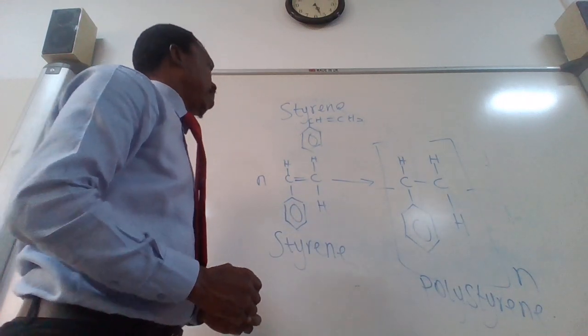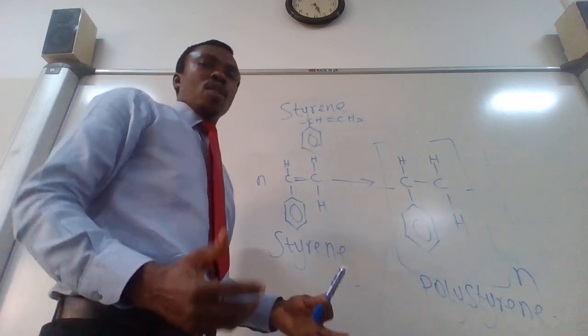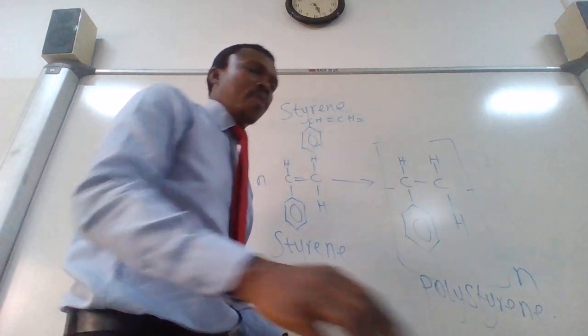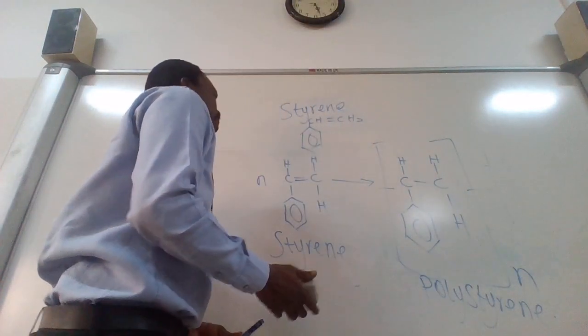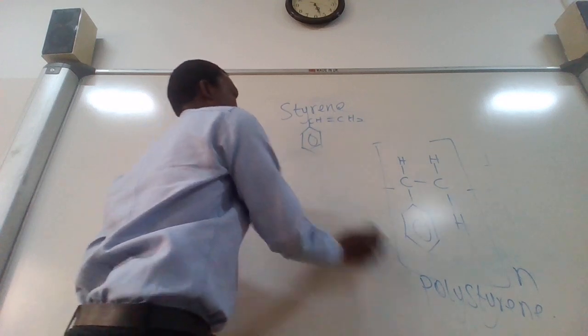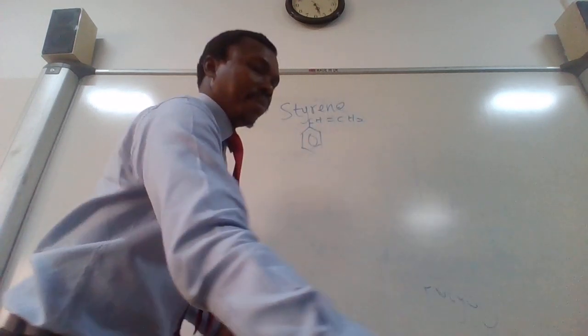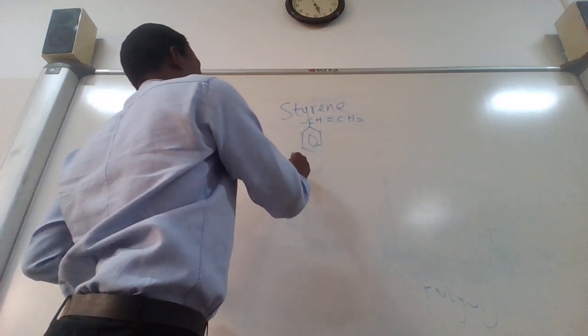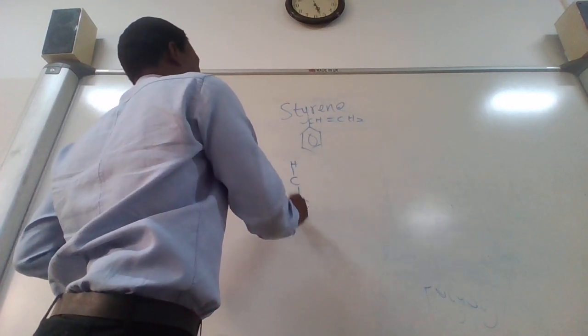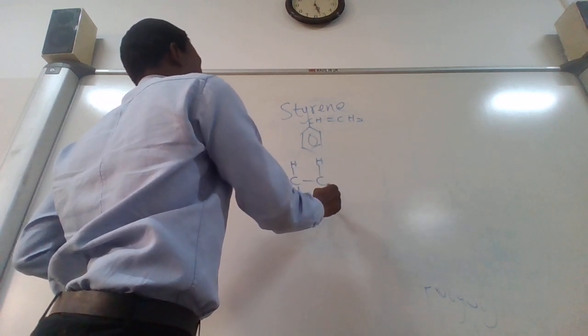It's as simple as ABC. And they might ask you to draw 3 repeat units of the polymer or 4 repeat units of the polymer, polystyrene. Let me erase this so that I can represent it. This is 1.